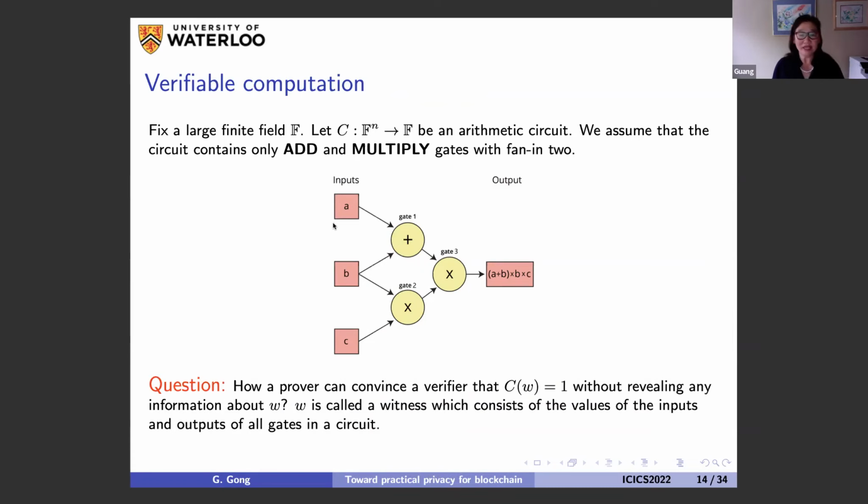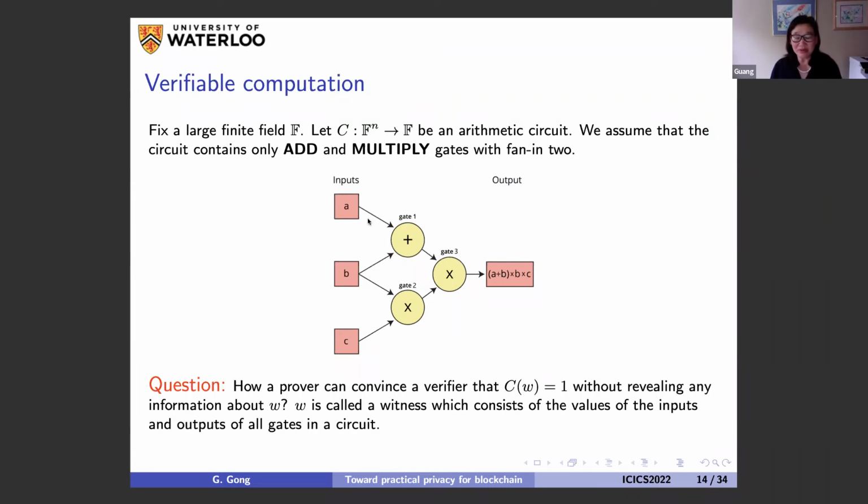So the question is how the prover can convince a verifier that C(W) equals 1 without revealing any information about W. What is W? We usually call it the witness, which consists of the input values and the intermediate wire values, not the output, because the output we give to the verifier. So it is all those intermediate gate wire values, and this is what we call the witness.